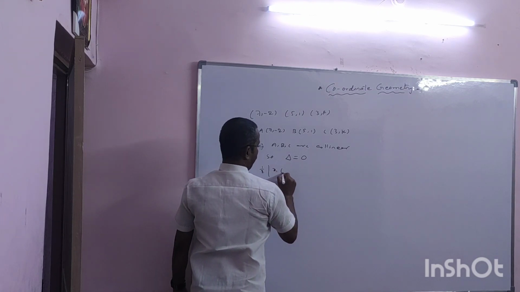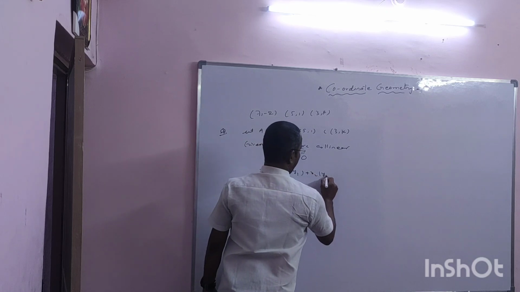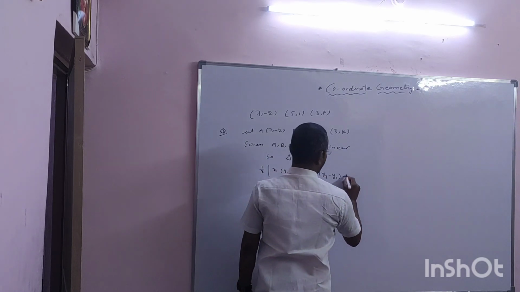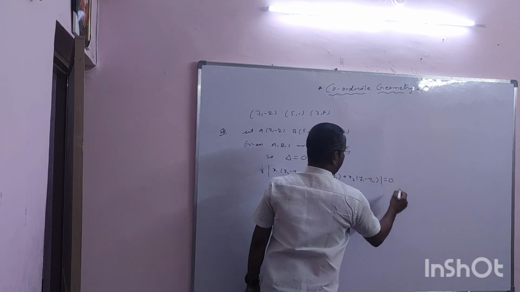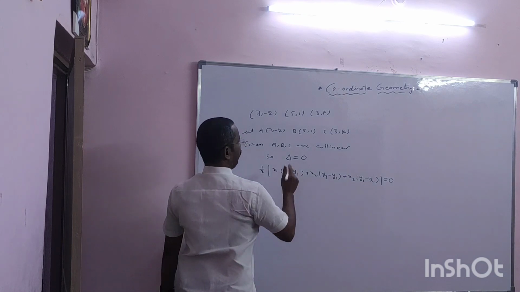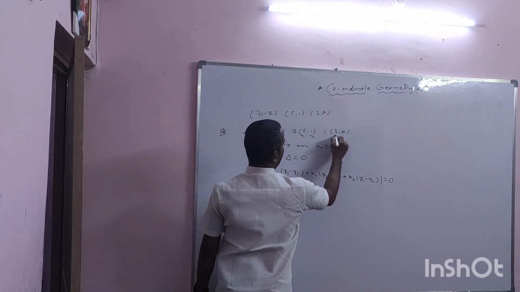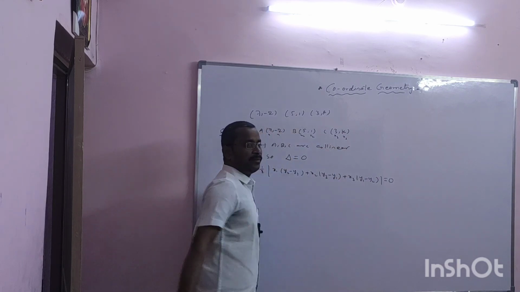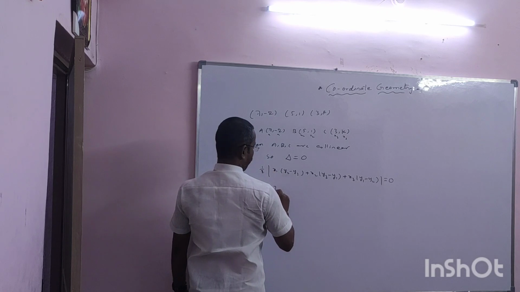Half x1(y2 minus y3) plus x2(y3 minus y1) plus x3(y1 minus y2) is equal to 0. Write it as x1 y1, x2 y2, x3 y3.